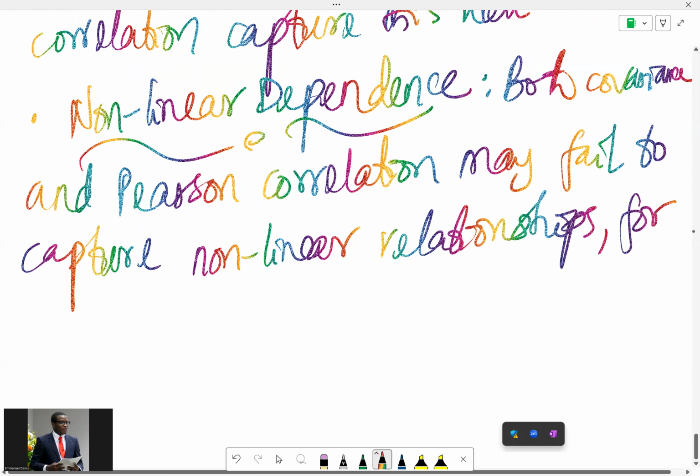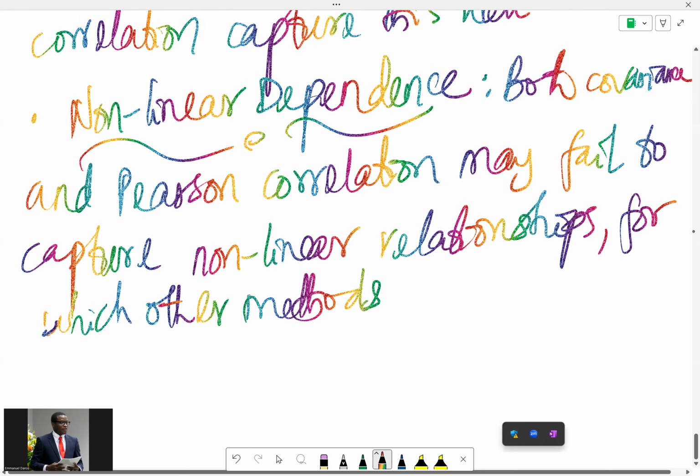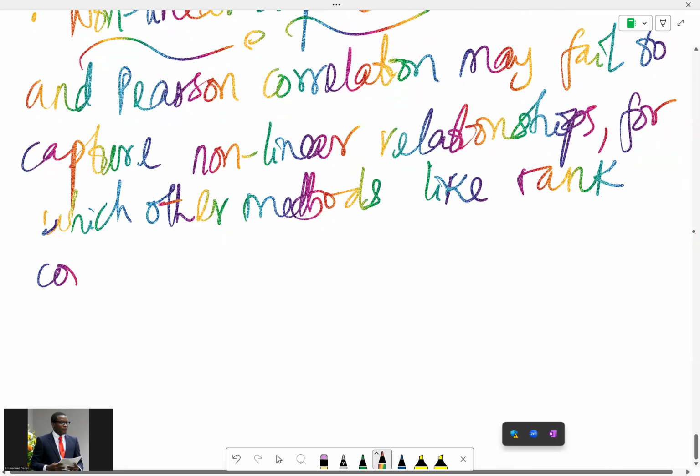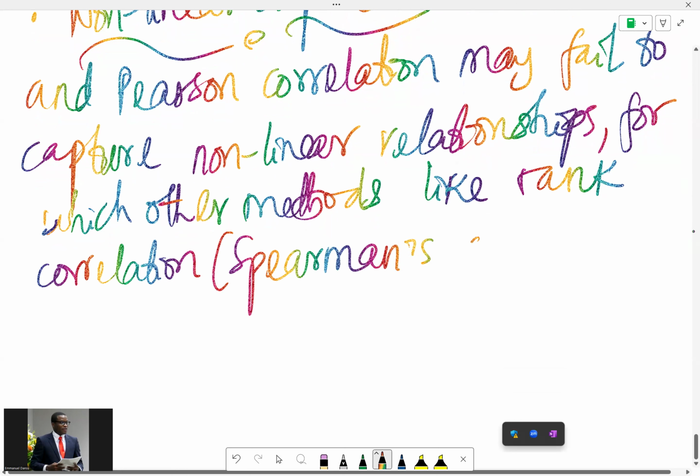So other methods like rank correlation, which is also known as Spearman's correlation, might be used.